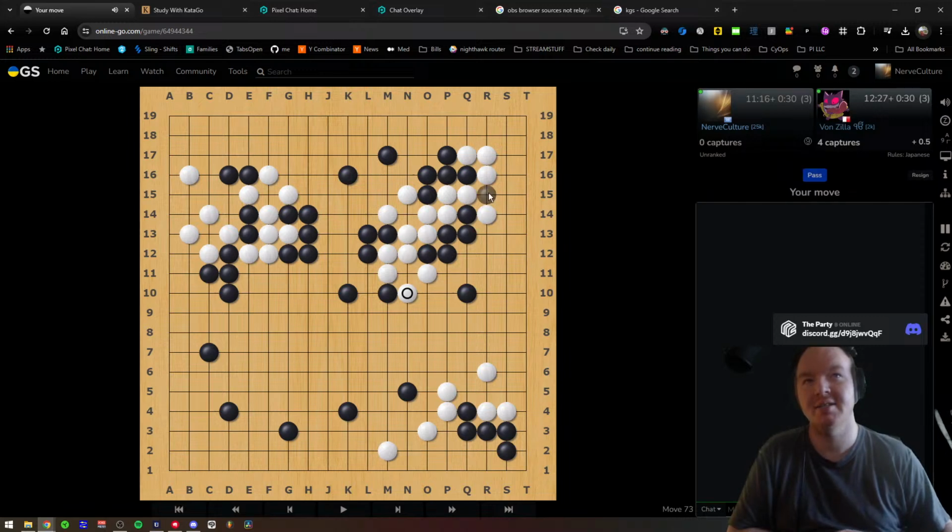So ladder's bad unless they're fully enclosed already, is what I'm learning. Okay.